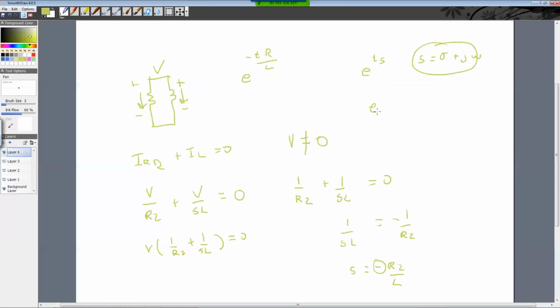So now it would be e to the minus R over L t, which gives us exponential decay. In 110, we go over how to use the Laplace transform a little bit more, but this is prepping us for that.